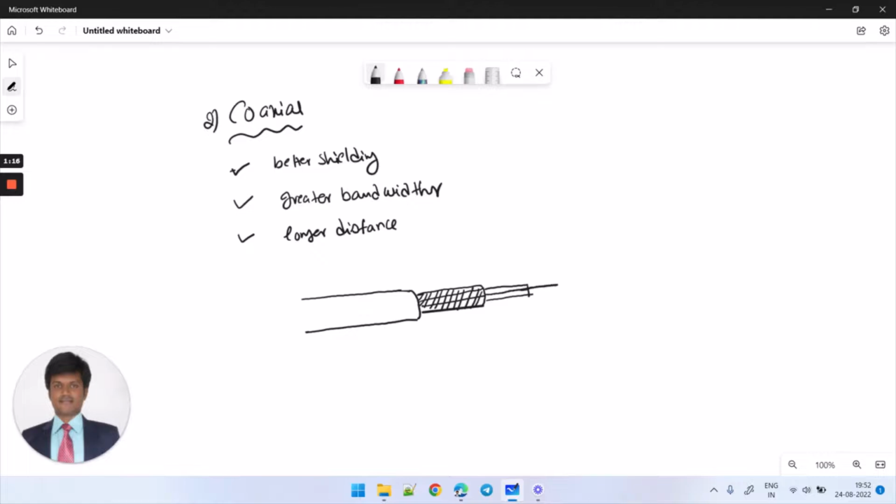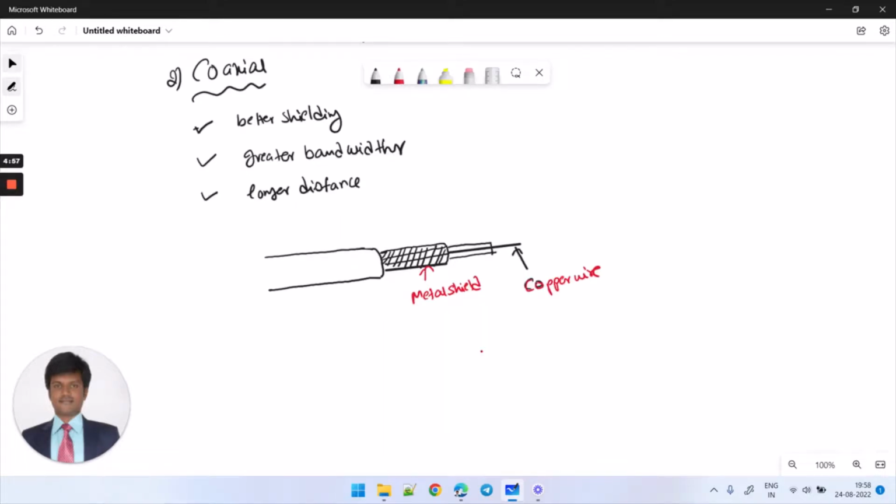This is the copper wire, which acts as one cable to transmit the data. This is the metal shield, which acts as the second cable.